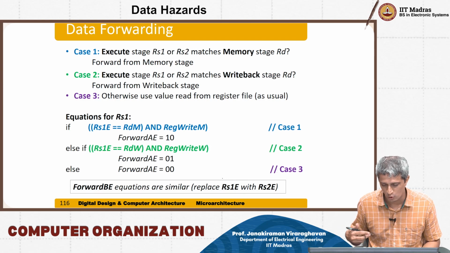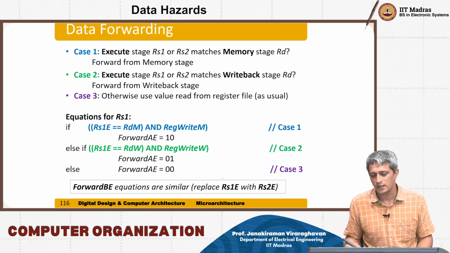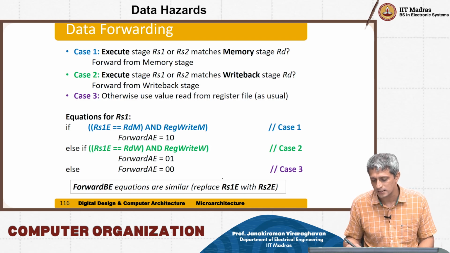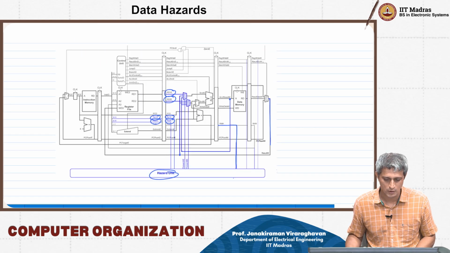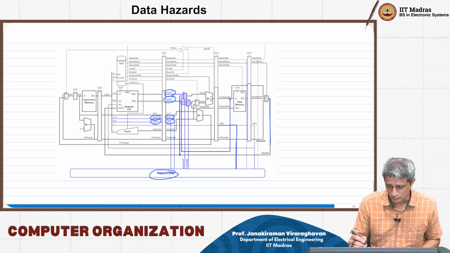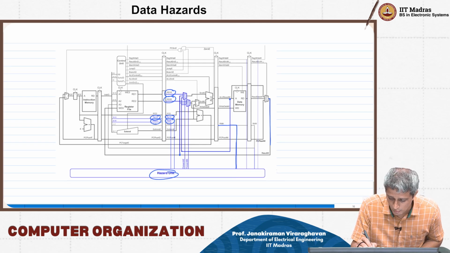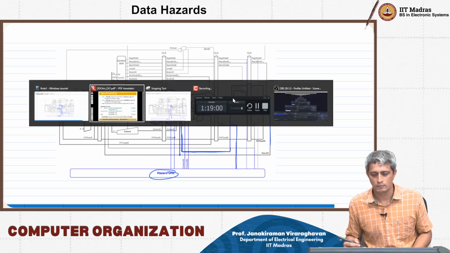In case 1, you are checking RS1E equal to RDM. This is some sort of Verilog syntax. Then you say the forward AE signal is 10. Again go back here and see this. You are saying forward AE is 10. So this is the signal that will get forwarded, which is ALU result M.